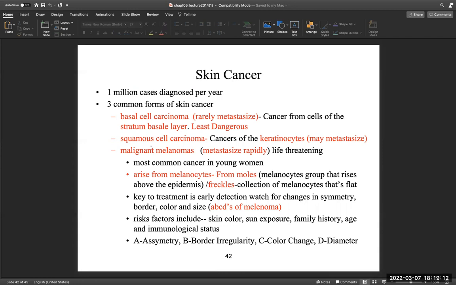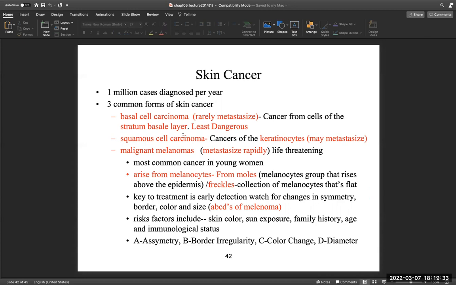If you somehow get malignant melanoma, you usually get diagnosed much further along in the disease progression. It might have already metastasized, so the mortality rate is actually higher. So we have to be very careful.